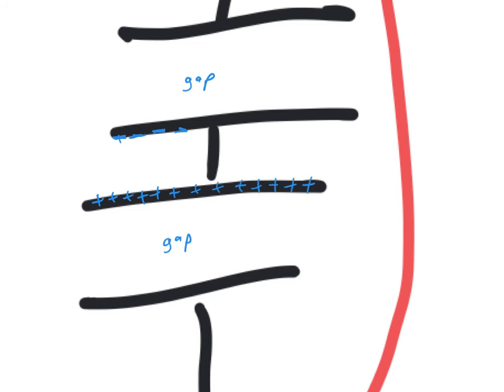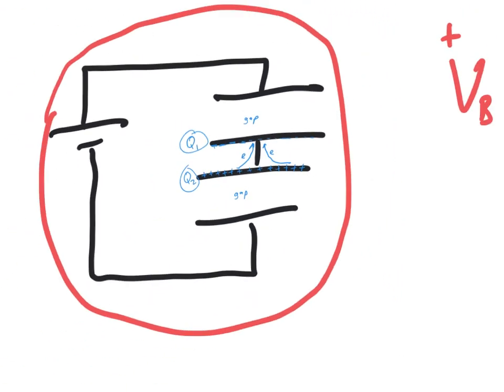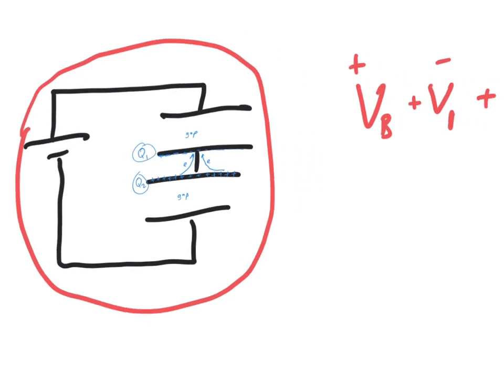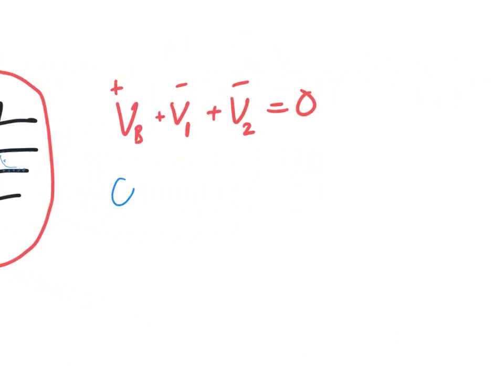This plate becomes positively charged. This plate becomes negatively charged. And it's all because electrons went over there, making one side positive, the other side negative, of equal value. So Q1 and Q2 are equal in value. And so is Q of the source. So Q from the battery is equal to Q1 is equal to Q2.